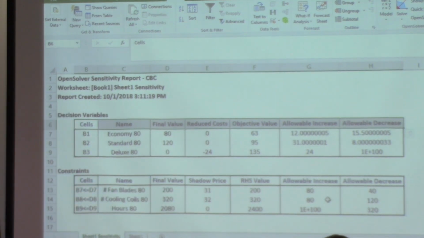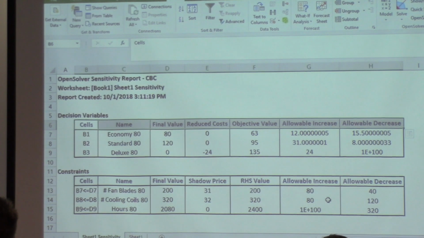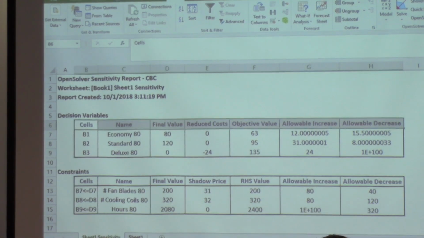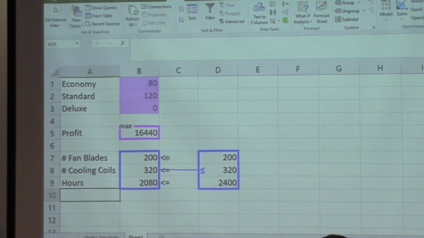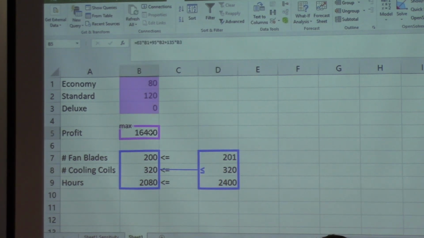Let me demonstrate that rather than make that theoretical. It's a lot easier when we have the computer do it, solve it quickly, than go through the simplex method. So if we change this from 200 to 201 and we resolve it, we expect, let me just copy this value real quick over here.